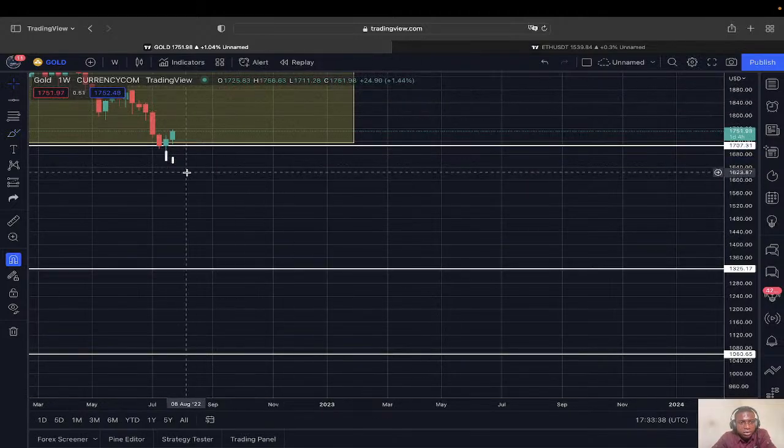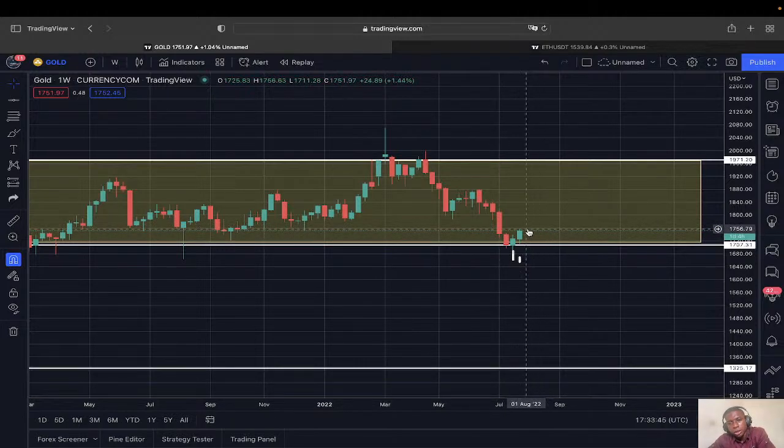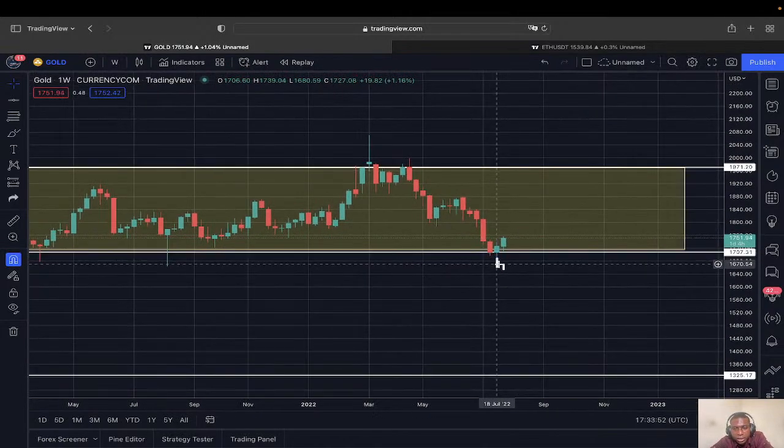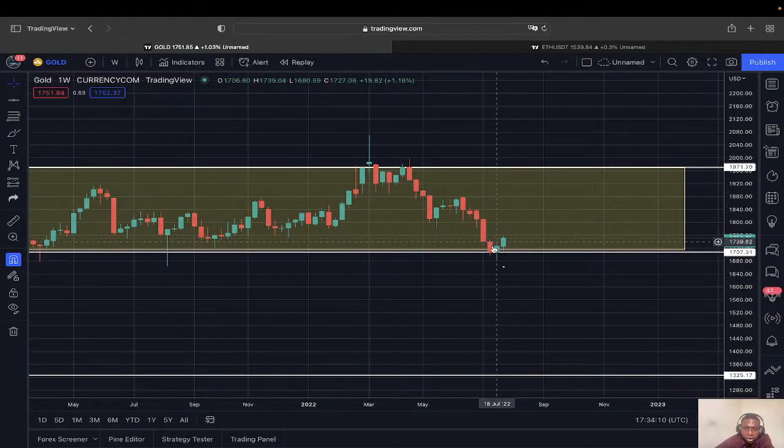The last three candles. Good. So if you look at what is happening here on the weekly time frame, price came down here, and you see what happened last week.